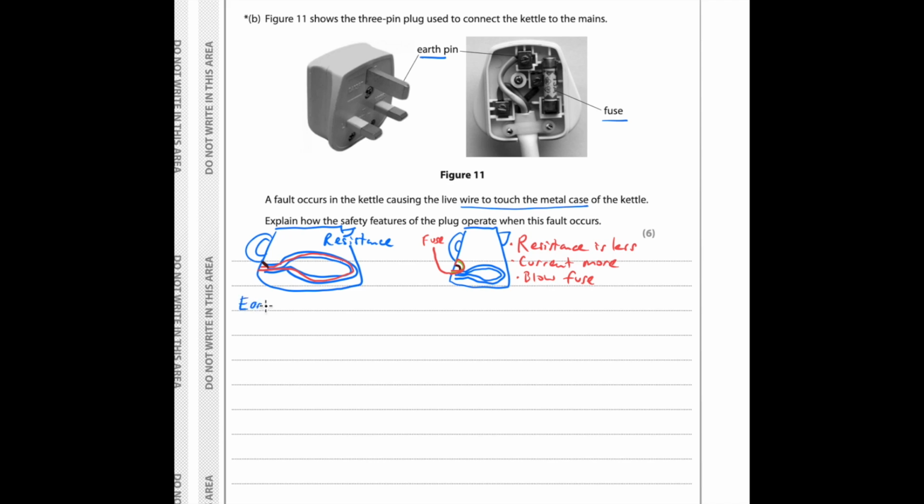So first talk about the earth wire. It's connected to the metal case. Now if it was a plastic case, you wouldn't even need it. It's connected to the metal case because the metal case is a conductor. When the live wire touches the metal case, resistance decreases.